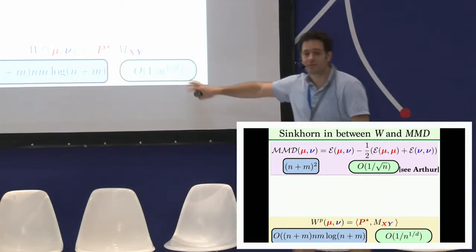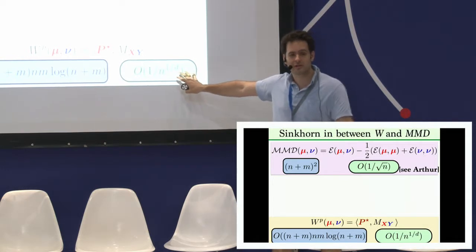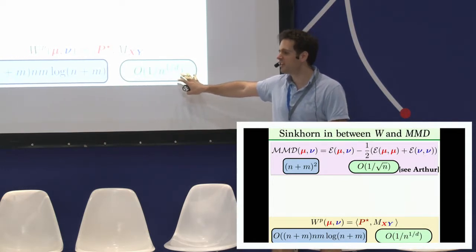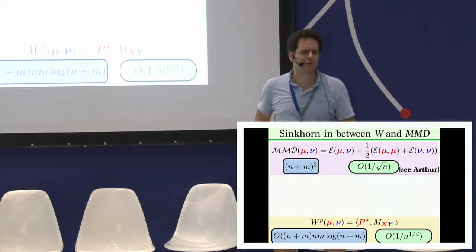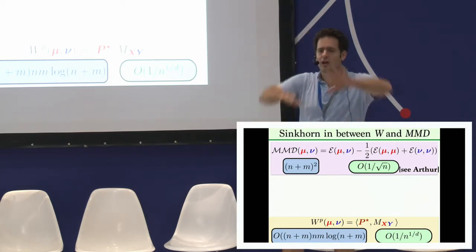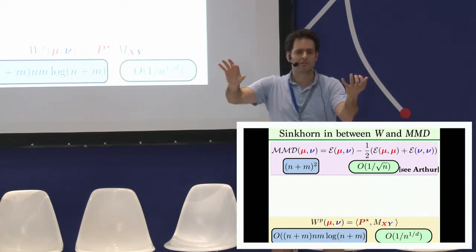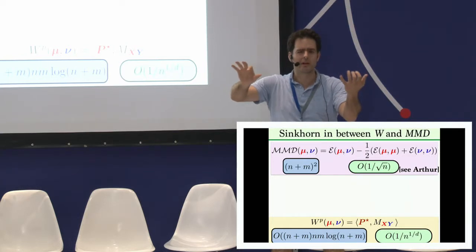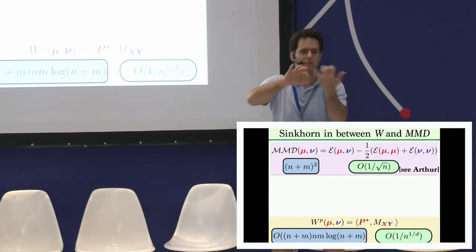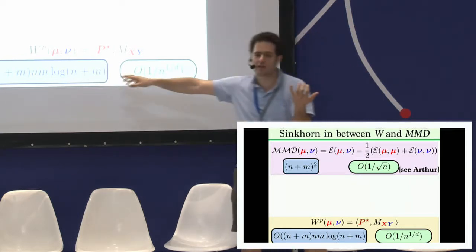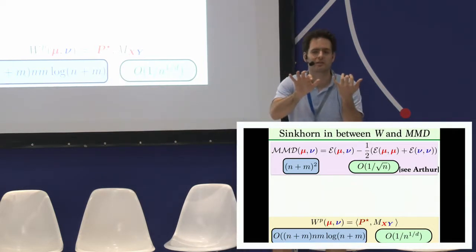But what's horrible, and I didn't really mention this, was a bit of an elephant in the room. Think about what you're doing when you're doing Wasserstein. Imagine you have two densities, you sample points, and then you work really, really hard to find the best possible way to match them. You work so much that you actually have cubic time trying to match them.